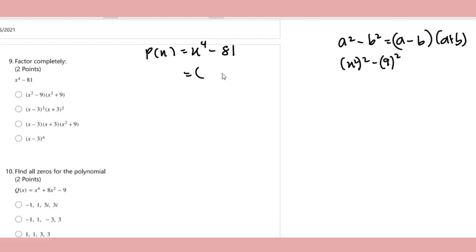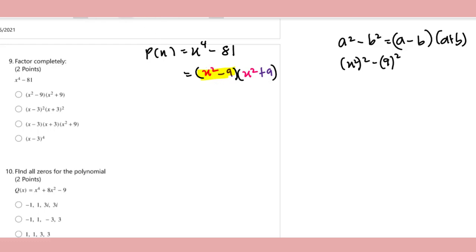So you have to bracket here x squared minus 9, x squared plus 9. Expand and you get the same one, x to the power 4 minus 81. So this one, x squared minus 9, you can proceed and factorize separately because the procedure is not complete.